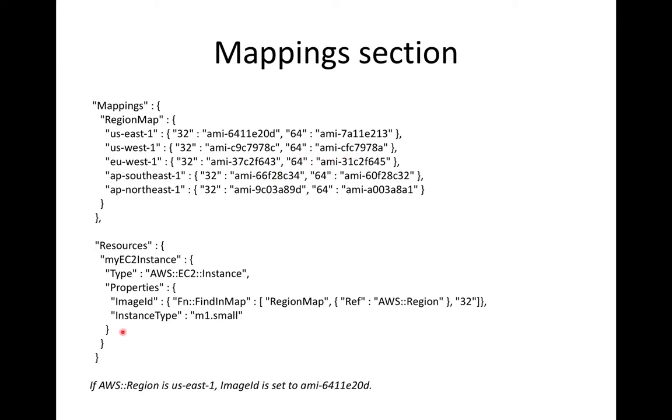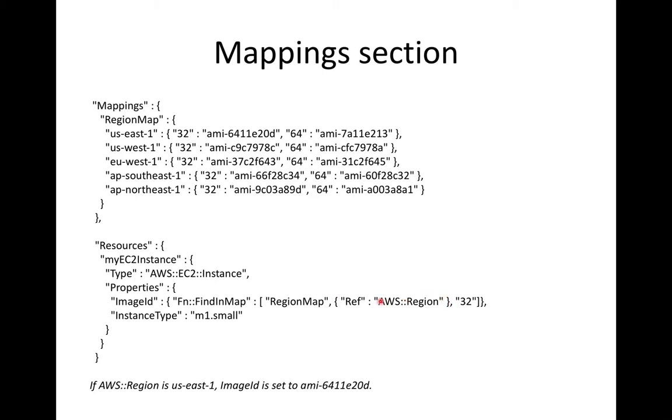In the Resources section of our template, we can refer to this map using the Fn::FindInMap function. Ultimately, what this FindInMap function is going to do is return a single string value. So the FindInMap function will call the RegionMap, which is defined in our Mappings section. And when it calls that map, it's going to look for a key, which in this case is based on the pseudo parameter AWS::Region.